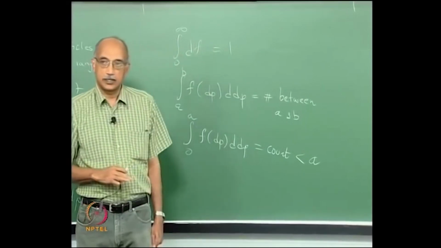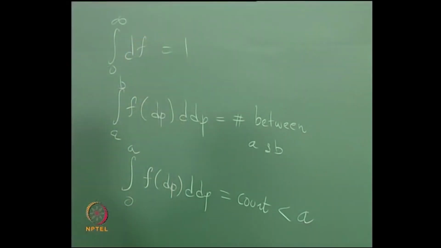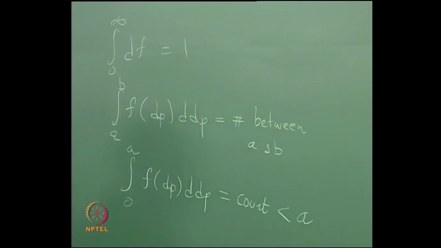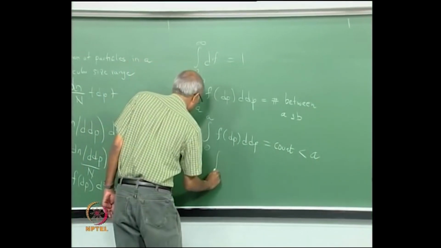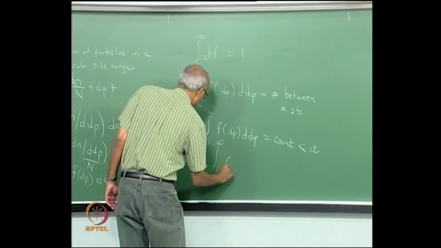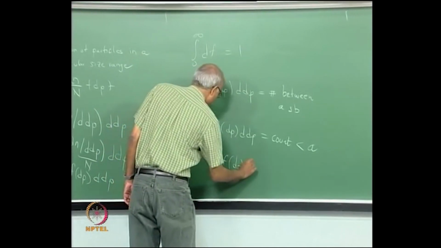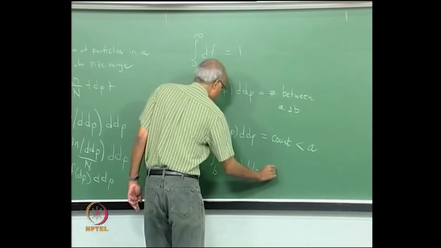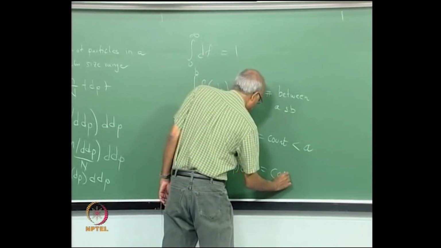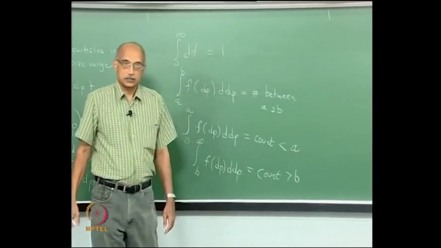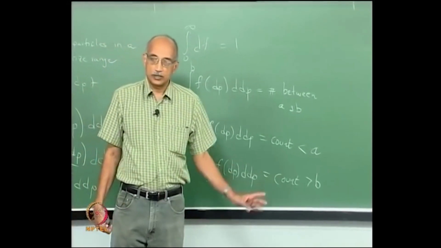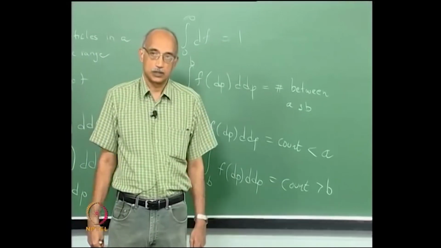So, this is the kind of analysis that an atmospheric scientist would typically use, or a hygienist. Integral b to infinity of f of dp ddp gives you the count of all particles that are of sizes larger than b, and this is what we refer to as a cumulative count.